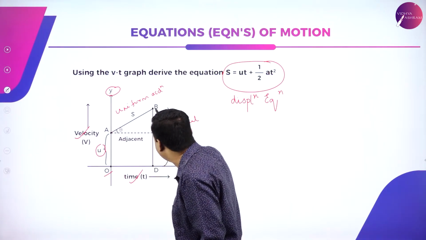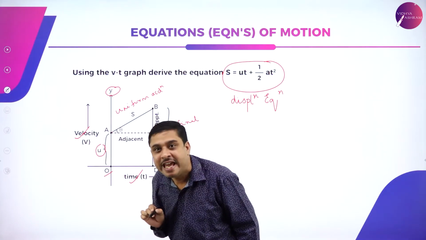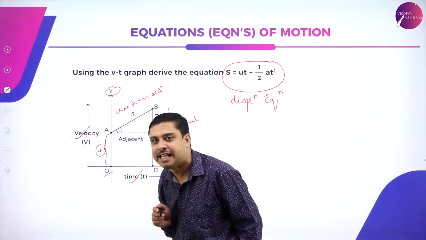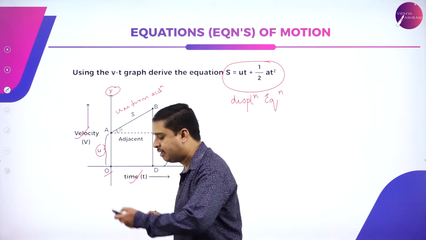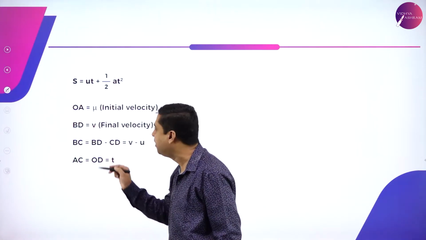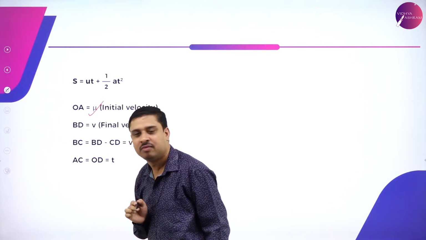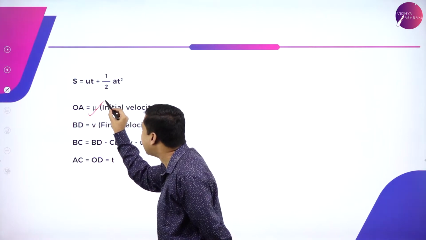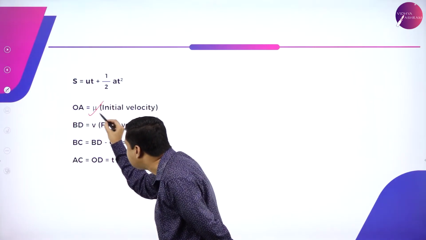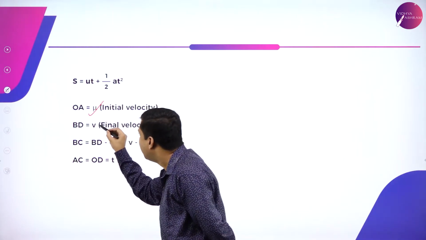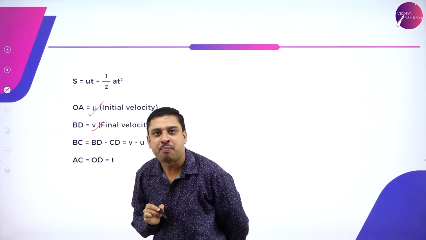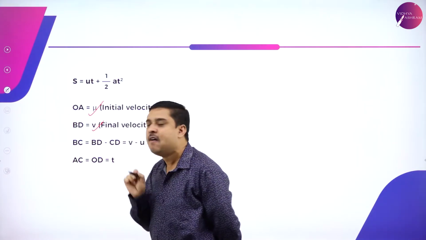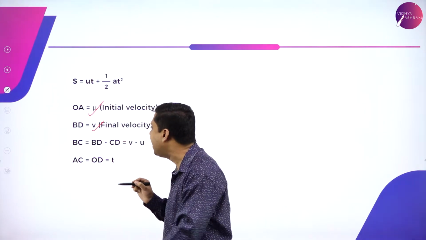So the perpendicular BD represents v, the final velocity of the body. Therefore, by description, OA represents u, which is the initial velocity of the body. BD represents v, which is the final velocity of the body.